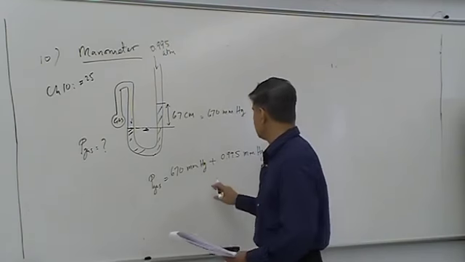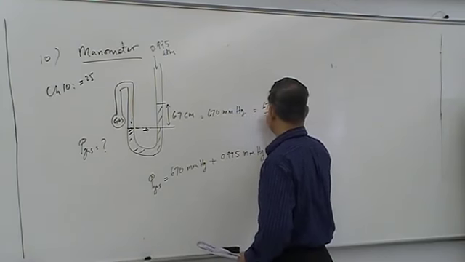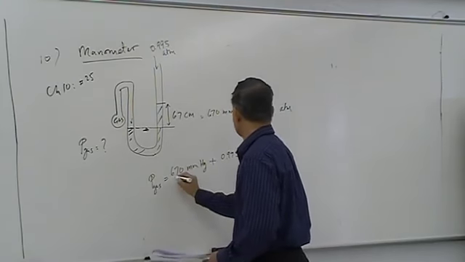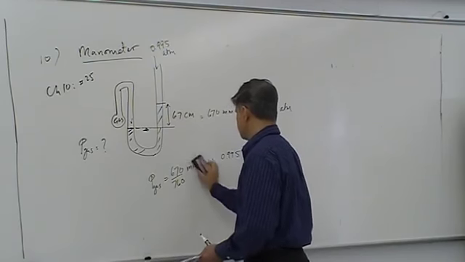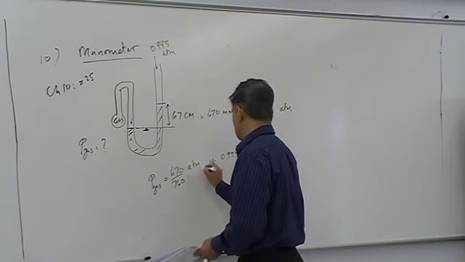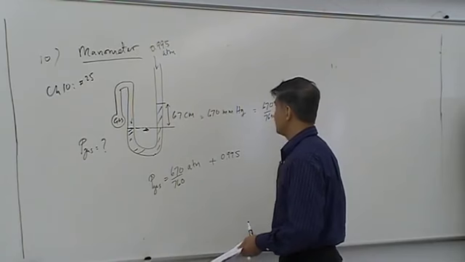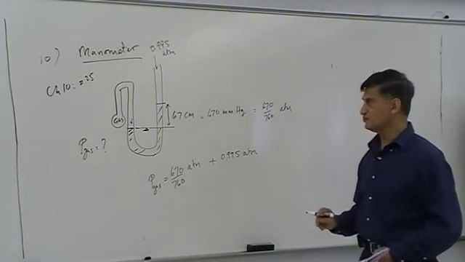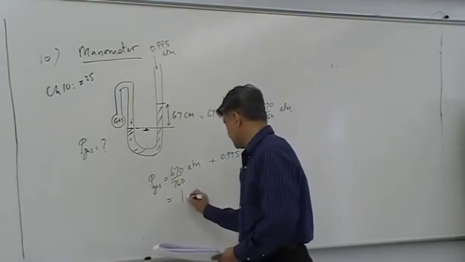So you have to divide by 760: 670 divided by 760 atmosphere. And 0.995, I don't need to change if the question is asking for atmospheric pressure. I just wanted to remind you 760 millimeter of mercury makes 1 atmosphere. If I do this final calculation, it gives me 1.88 atmosphere.